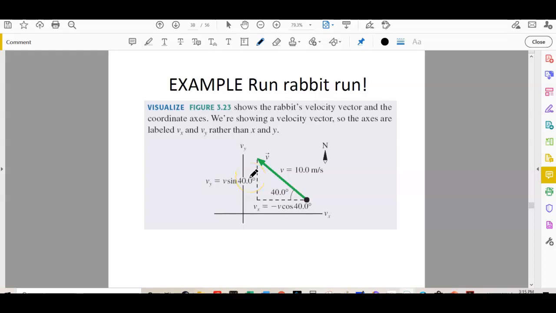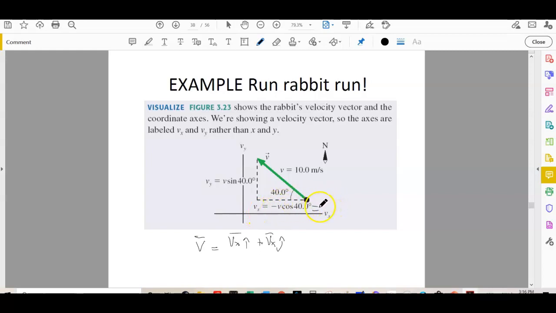What they want you to do in this problem is solve this in terms of unit vectors. They want you to represent the overall velocity in terms of Vx i hat and Vy j hat. Okay? So go ahead and try that out. So how are we going to do this? Well, for Vx i hat, we need to figure out what Vx is.